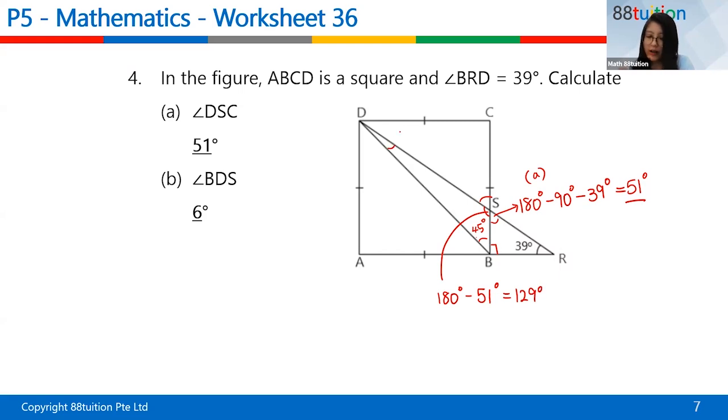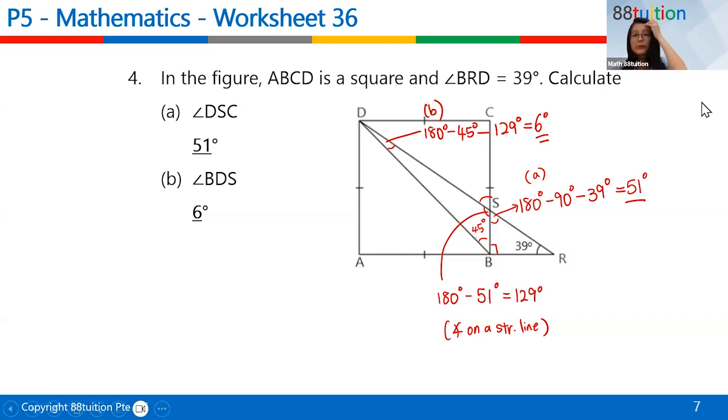So angles in a triangle: this is 180 minus 45 minus 129. Of course, there's more than one way to solve this. You can use another triangle instead, like DRB. Also can. You can take 180 minus 39 minus 45 minus 90. So there's more than one way. As with angles, sometimes there's more than one way.